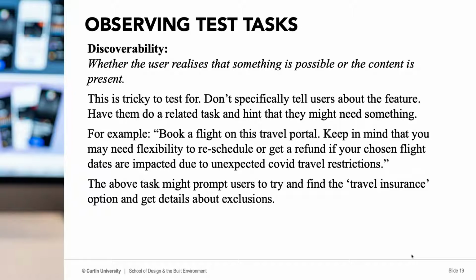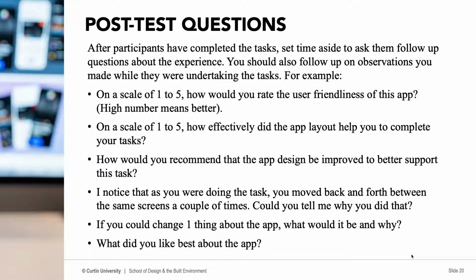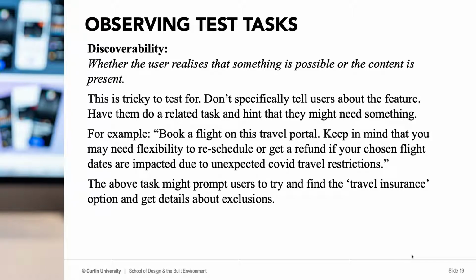A lot of travel portals will, at the booking stage, offer you a little tick box that says something like, do you want travel insurance? That's what you're trying to discover in this case, whether they see that option there and whether they think about it. So whether they discover that option. Any questions about observing the test tasks and these three areas that are really useful to focus on?